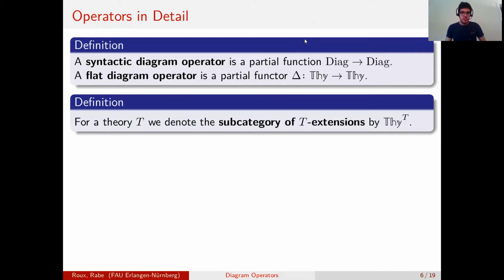For example, we can take the subcategory for a fixed theory T, namely the subcategory of T-extensions, by which I mean the subcategory consisting of all the theories containing copies of T. Because recall, if we just work on the semantic side, we don't have inclusions, so we have to work with a notion of copies.